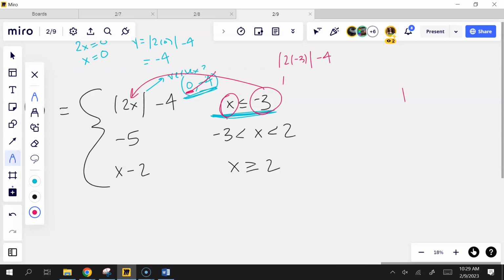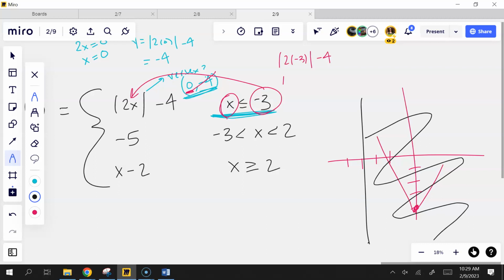If your vertex is at 0, -4 and you're cutting off here, none of this matters, right? Only this part of the line matters. So I don't have to worry about the vertex. Does that make sense?